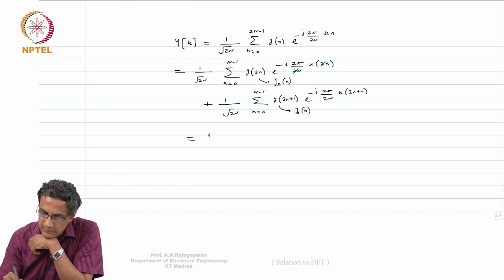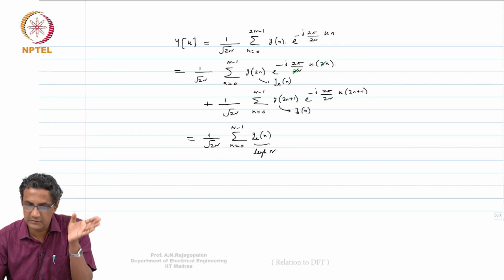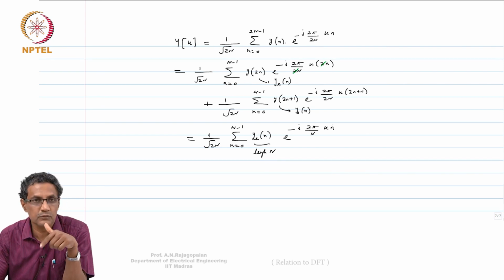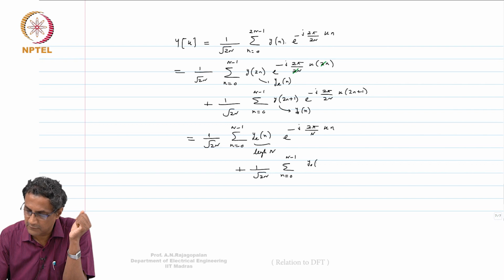So this is 1 by root 2n, summation n equals 0 to n minus 1, y even of n. This is length n, because the whole length is 2n. e raised to minus j 2 pi by n kn, because the 2 and 2 got cancelled, plus 1 by root 2n, summation n equals 0 to n minus 1, y odd of n.